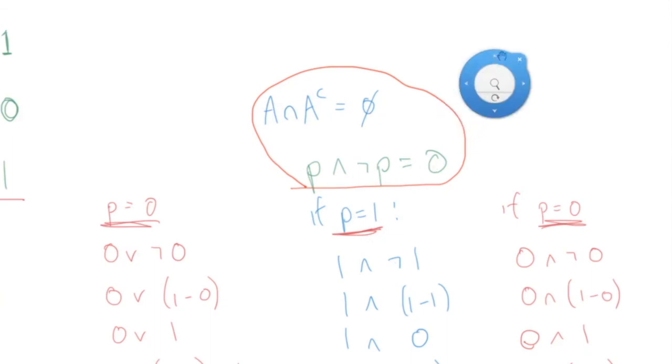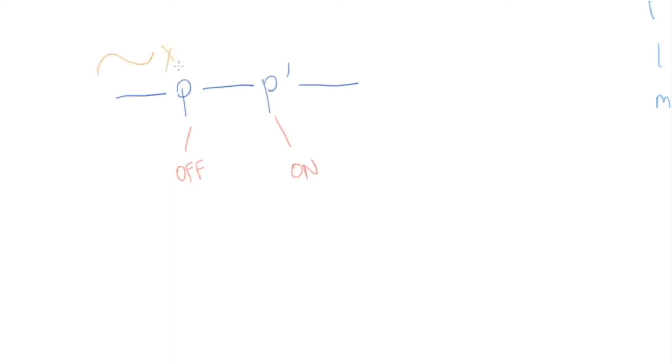Now, just quickly, we can see the same correspondence with the circuits. If we've got a circuit running through P and P prime, say that P is off, then P prime has to be on, so the circuit will be interrupted here. Otherwise, if P is on, then P prime has to be off, so in that circumstance, the circuit will be interrupted here.